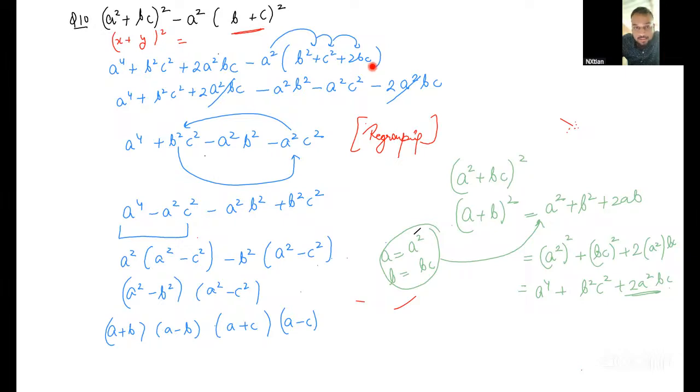Did you understand this thing? Yes. Now this a square was already there. I just multiplied this, making a square b square, a square c square, minus 2a square bc. Why did the minus sign come? Because inside the bracket every term is plus and we are multiplying it with minus. When we multiply with minus, the plus will become minus.